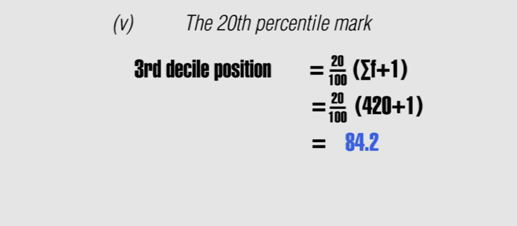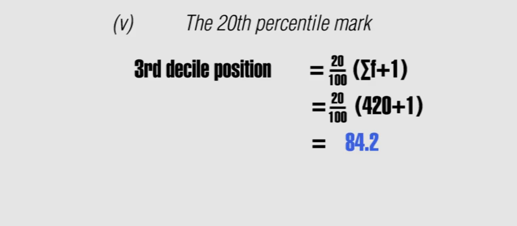Oh, you go through the same procedure. The procedure doesn't change. What you need to do is to multiply the total frequency, the sum of the total frequency plus 1, by 20 over 100. You understand? Then the answer that you get is going to be your position.